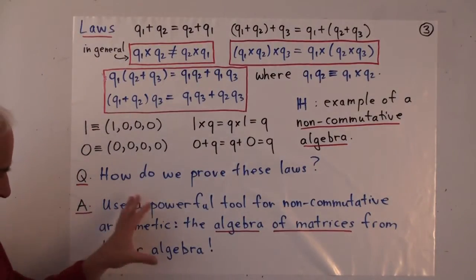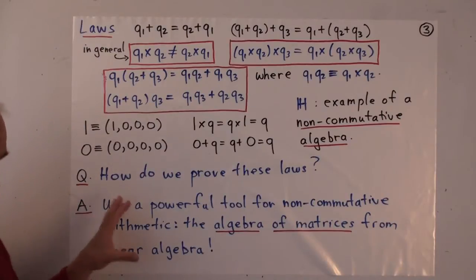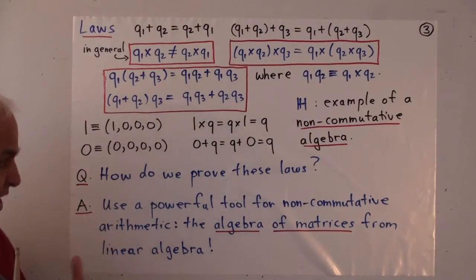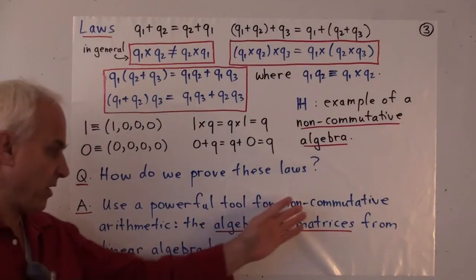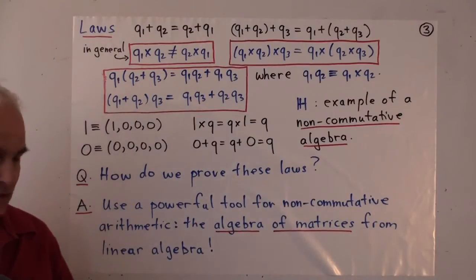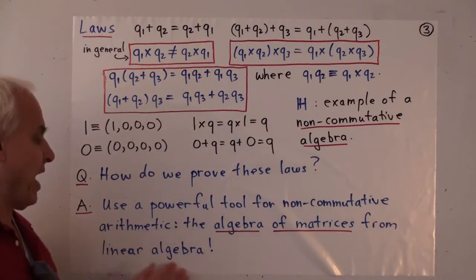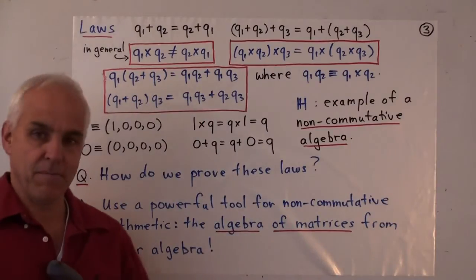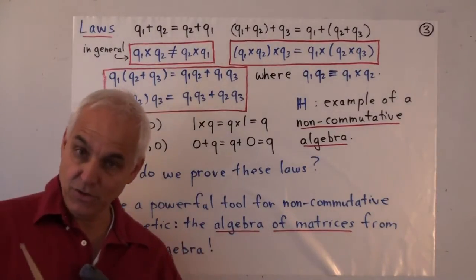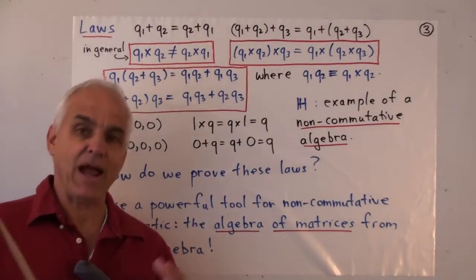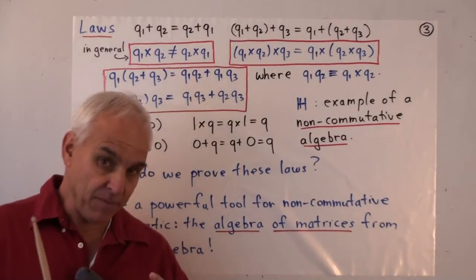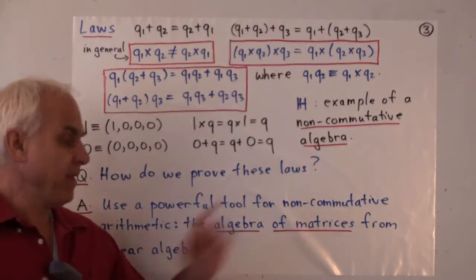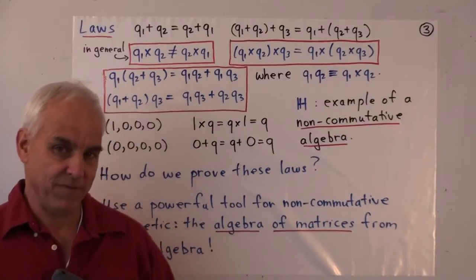So the strategy here, which is sort of at the heart of what's called representation theory, is to connect any non-commutative arithmetical structure to linear algebra, in particular matrices. When we can do that, then we can extract information and understanding from our understanding of the way matrices behave.